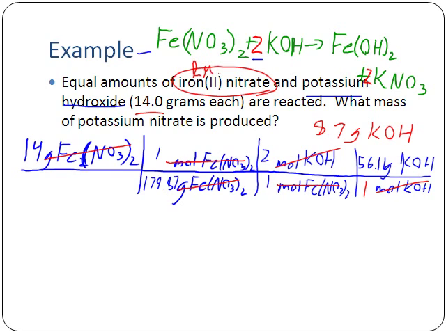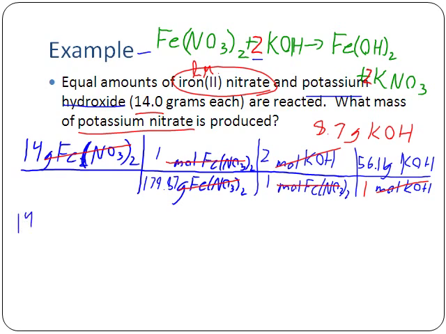Yay! And so now that we've got that, we're going to use it to figure out the answer to the problem, which is what mass of potassium nitrate is produced. To do this, we're going to start off, as we said, with 14 grams of iron 2 nitrate.